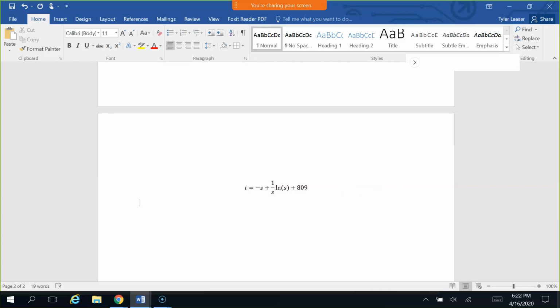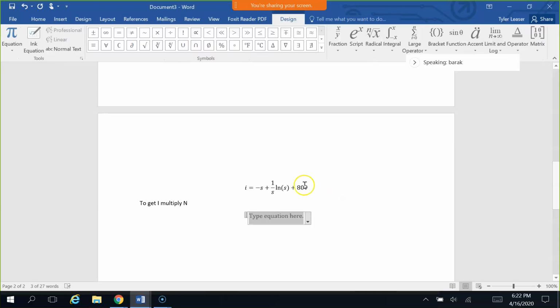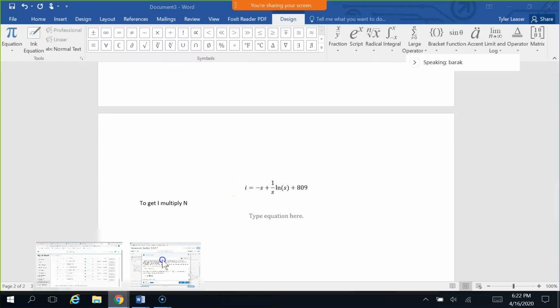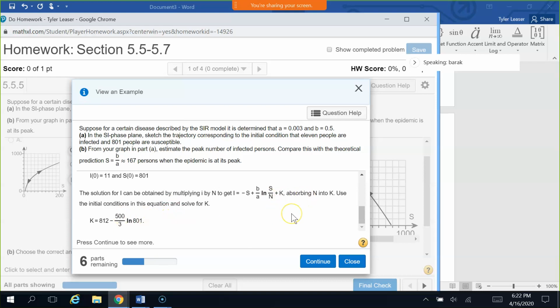So now to get capital I, which is the actual number of people that are infected, we're going to multiply by the population size N. So we're basically just going to multiply everything here by N to get the entire population size. I'm just seeing what they did at this point.